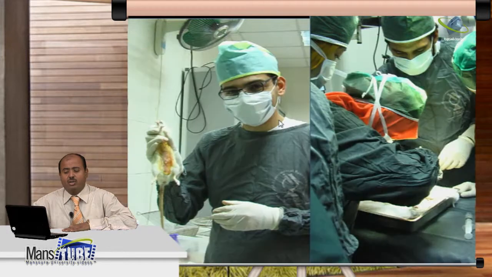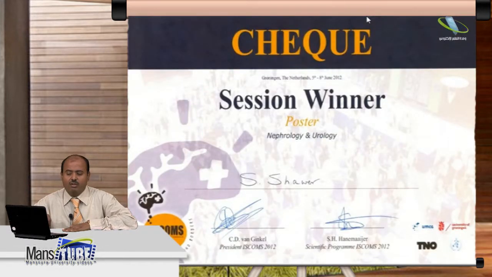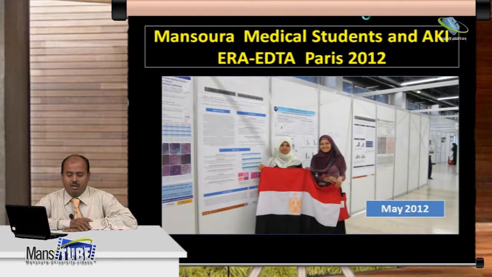This is one of the medical students, and this is one of the posters presented at the Amsterdam conference, which discussed whether gender affects acute kidney injury, because these students observed that acute kidney injury in female patients is less severe than in male patients. So they made the experiment and proved that theory, and won the session winner for nephrology at the Amsterdam conference.